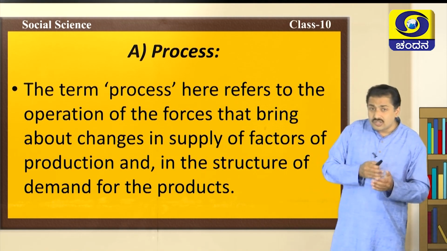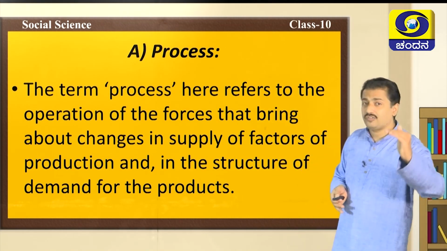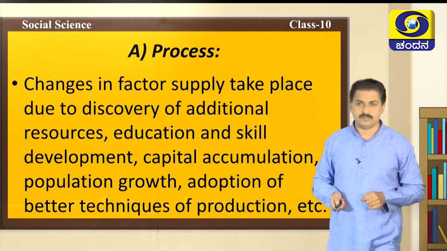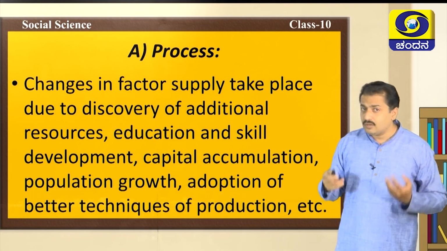Likewise, the structure of demand for the products, what is the demand for that product in the society, that also affects the economic development. In addition to that, the changes in factor supply take place due to discovery of additional resources. In the process of economic development, there may be many new items produced.